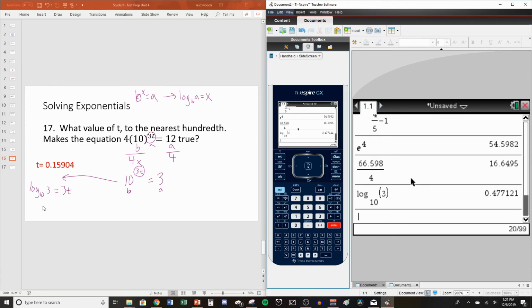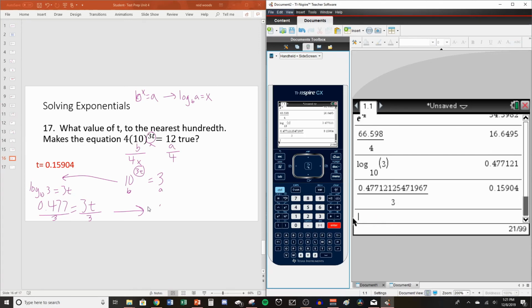I'm going to write that right here: 0.477 equals 3t. To solve this, I'm going to divide by 3 on both sides. Let's divide by 3. That is 0.15904 equal to t. So that's how we'll get our answer on this question.